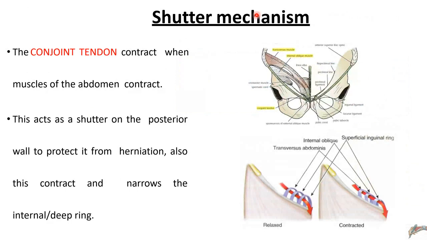Then last, you have what we call the shutter mechanism. So your conjoint tendon is like a shutter that can easily contract downwards, resulting in closure or narrowing of the inguinal canal. Remember, the conjoint tendon is formed by the internal oblique and the transverse abdominis muscle fibers. So whenever they contract, what will happen?